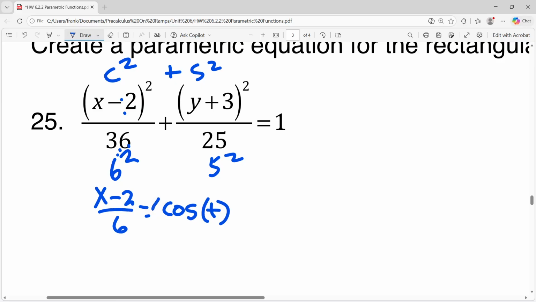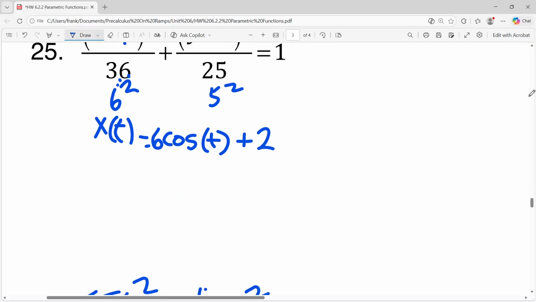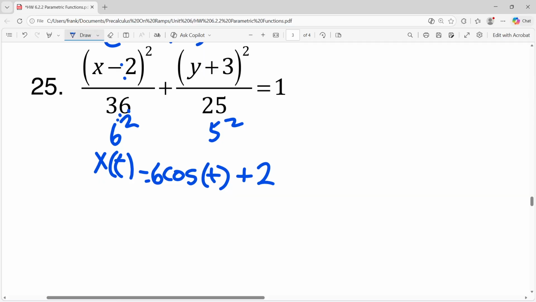So I'm going to multiply both sides by 6, add 2 to both sides, and so I get x of t equals 6 cosine t plus 2. I could have x of t equals 6 sine t plus 2, and then the y would be with the cosine. But I've decided to do it this way. And then it's going to be y plus 3 over 5 equals sine of t.